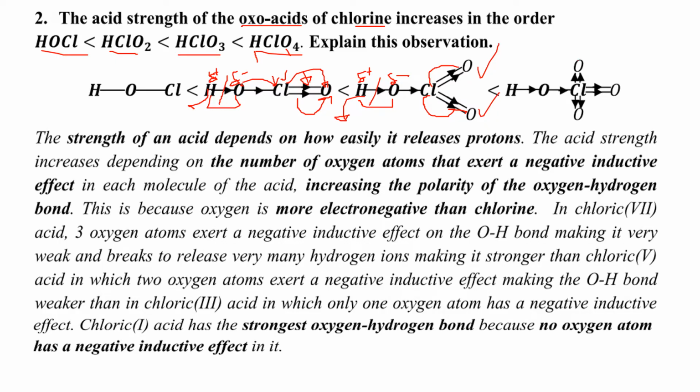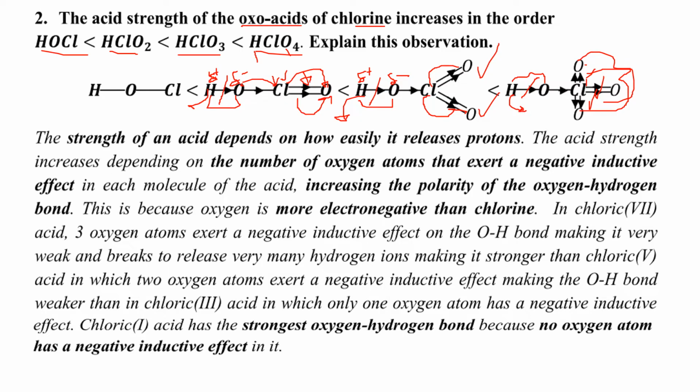As you can see here, the more oxygen atoms attached to the chlorine atom, the greater the negative inductive effect, which is the ability for the oxygen atom or for any group of atoms to withdraw electrons from another atom. The more they withdraw electrons, the more they cause polarity in the oxygen-hydrogen bond, and the weaker that bond becomes, making it easily release protons in solution.